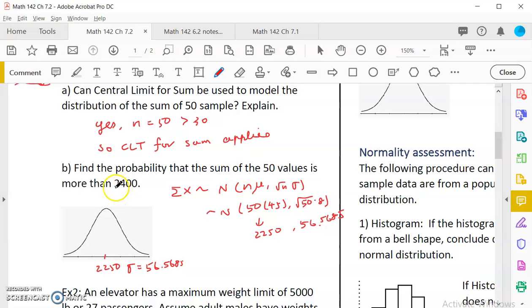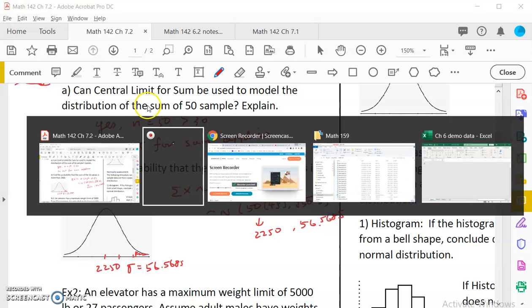And we want it to be more than 2400. How many standard deviations is that? I think more than 2, so it's really far out. Let's write down 2250 and 56.5685, and we want it to be over 2400. Use the online calculator.